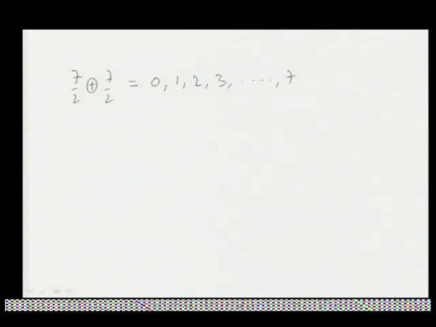So, that will give you a 0, and with each of these you have to now add 7 by 2.